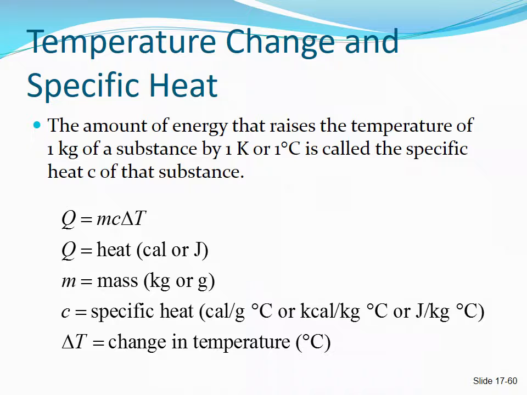A specific heat formula is Q equals m c times delta T, where Q is the amount of heat added in calories or joules, m is the mass in kilograms or grams, c is the specific heat or specific heat capacity in calories per gram degree Celsius, or kilocalories per kilogram degree Celsius, or joules per kilogram degree Celsius. Delta T is the change in temperature in degrees Celsius.